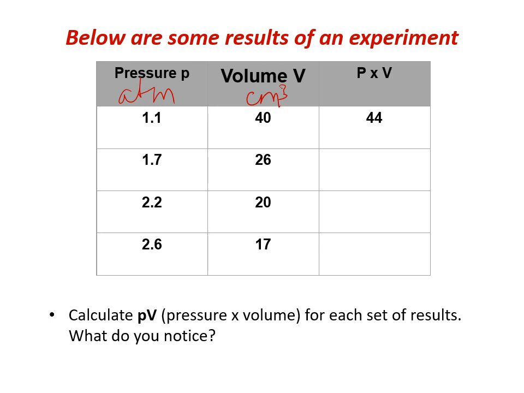And now what you need to do is pause the video and figure out the missing values for P times V. So pause the video and for the remaining three values, find out what P times V is. Copy the table first and then fill the gaps in. Remember to pause the video and come back.